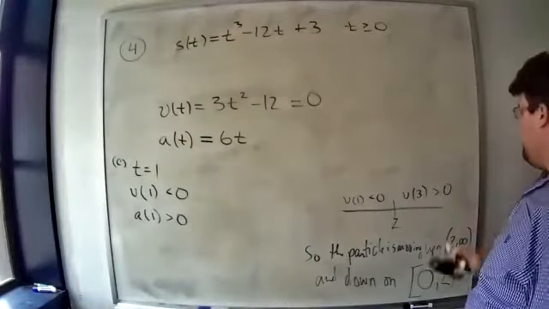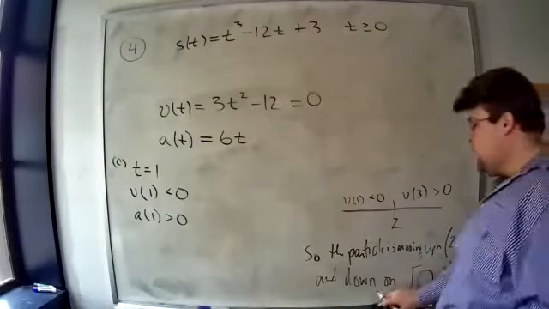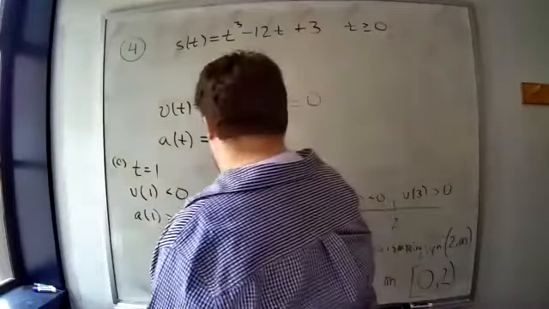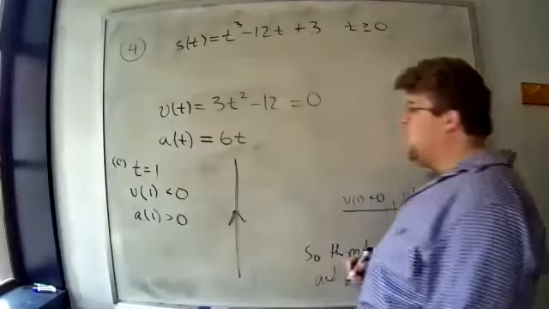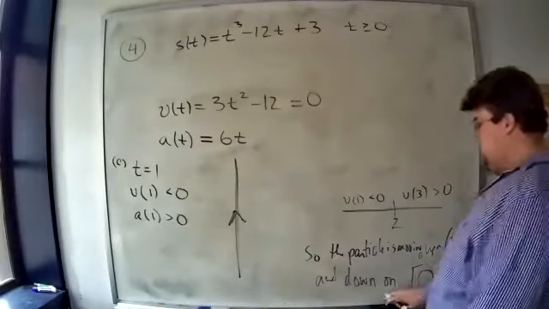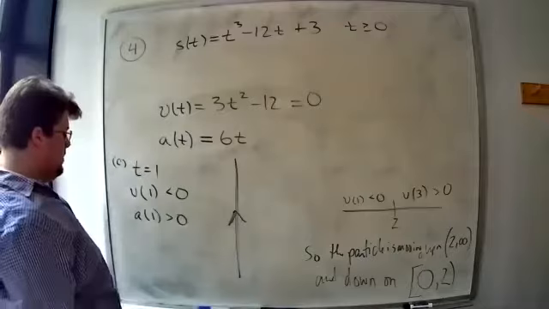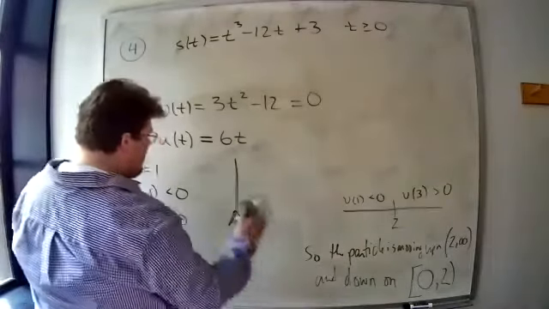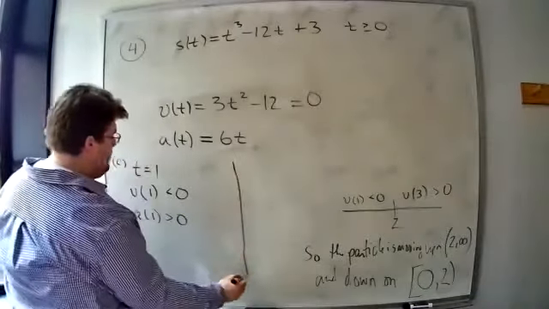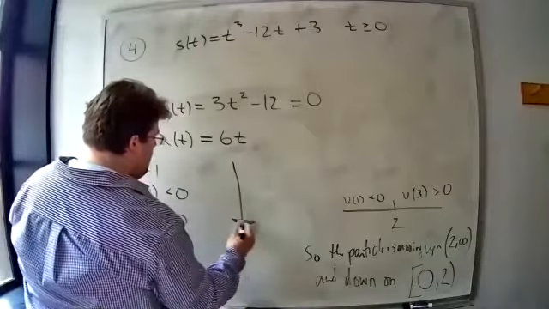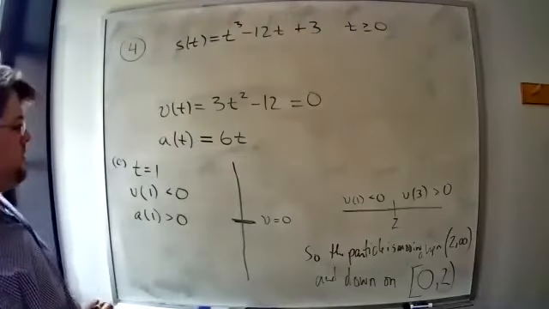Well, velocity and acceleration, the sign of a velocity and acceleration, have a direction attached to them. Upward is the positive direction. So right here at 1, we're going to keep in mind upward is the positive direction. Right here, I'm going to mark off where velocity is 0.